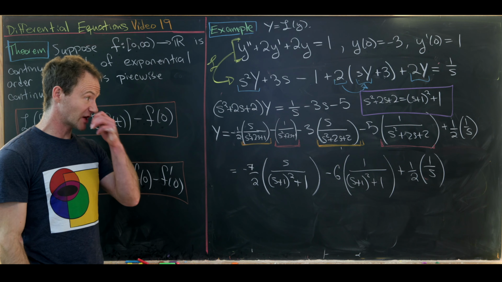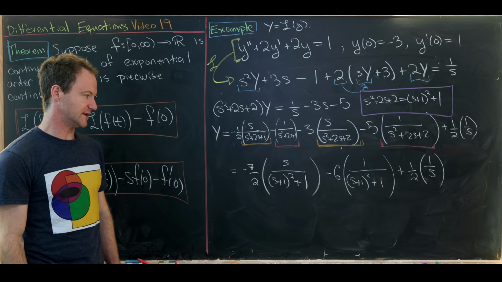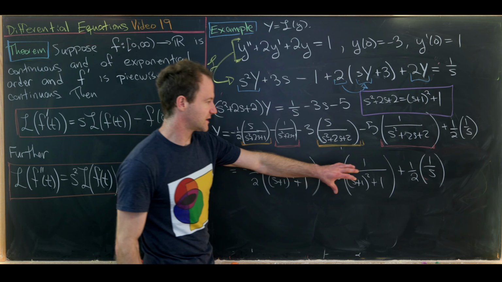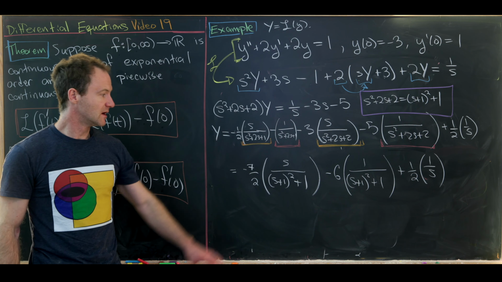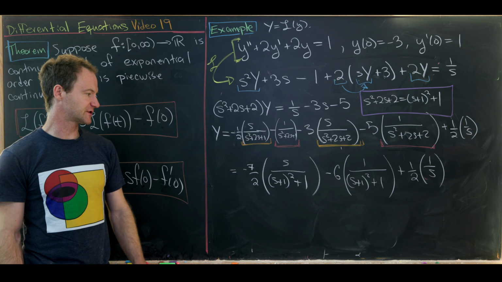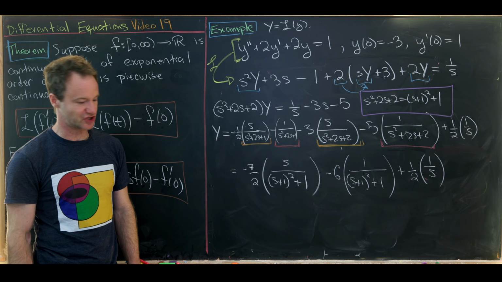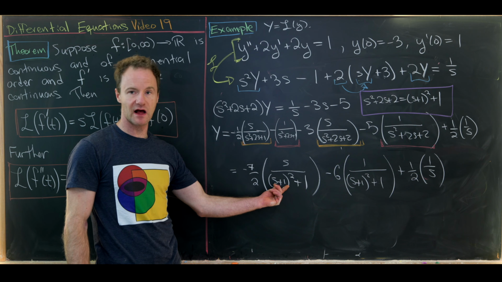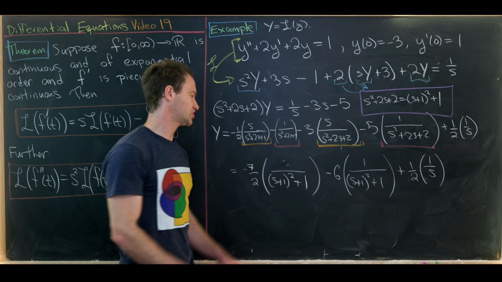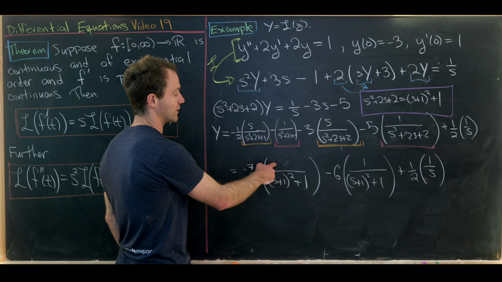Okay, now we're actually almost done, but not quite done. We can take the inverse Laplace transform of this term right here and this term right here very easily, but we can't do the inverse Laplace transform of this first term very easily just yet, and that's because this has an s plus 1 quantity squared in the denominator, which means this should have an s plus 1 in the numerator.